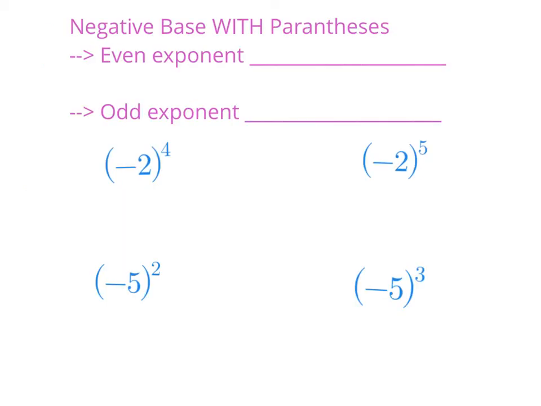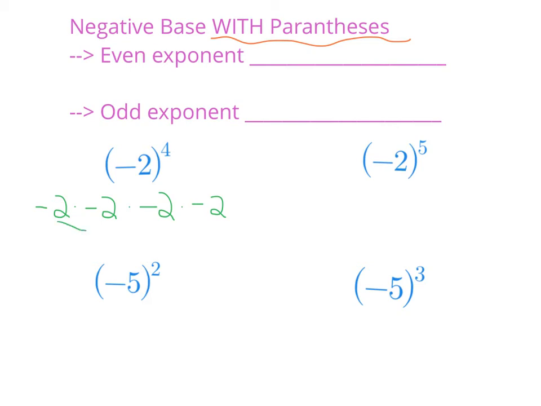Alright, 4 examples here. We still have a negative base, but this time that negative base is in parentheses. So that changes things up a little bit. Let's figure out what happens. So if you have negative 2 in parentheses to the 4, that means you're actually multiplying the negative 2 by itself 4 times.